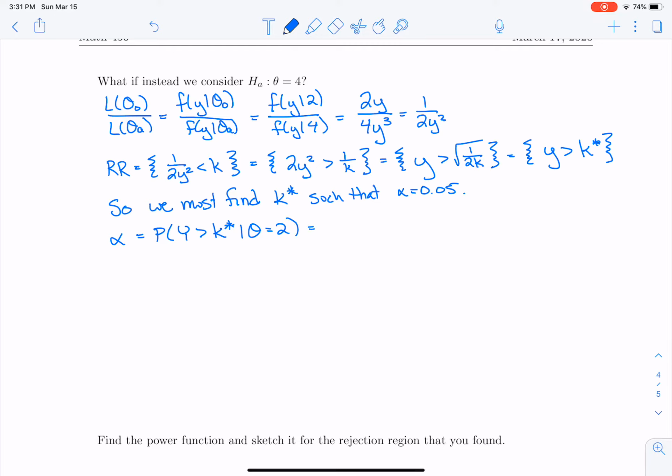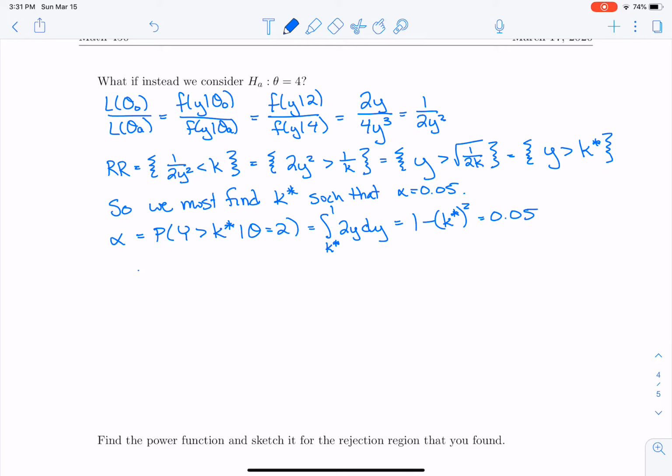That is a different integral, because we're going to do y greater than k star, so that's the integral from k star to 1 of 2y dy. Of course, the integral of 2y is y squared, so we're going to get 1 minus k star squared for that integral, and that has to be 0.05.